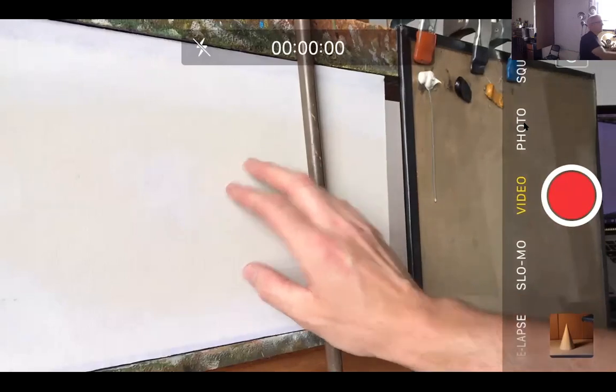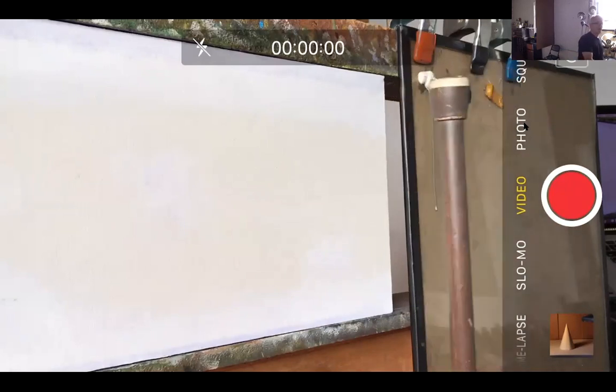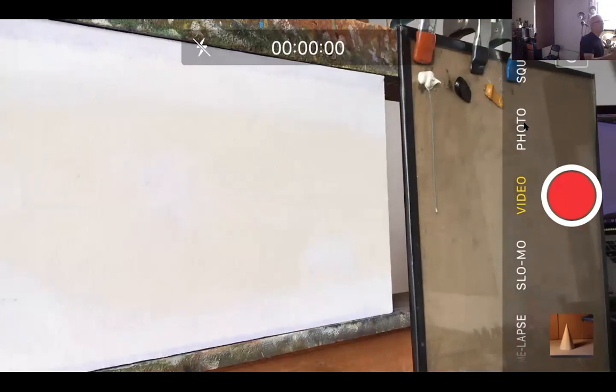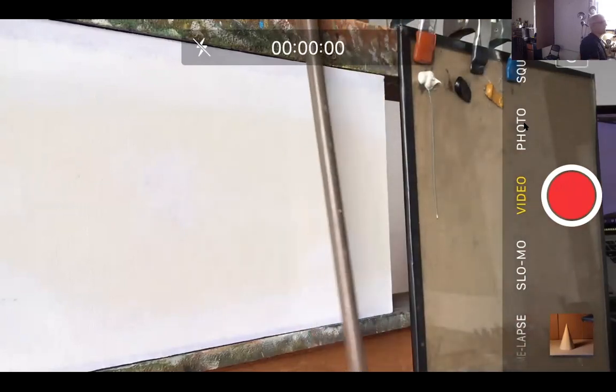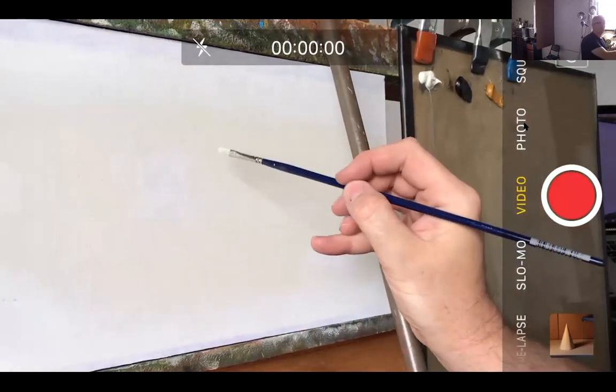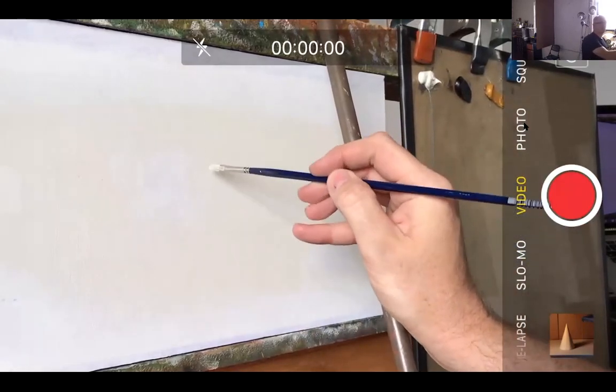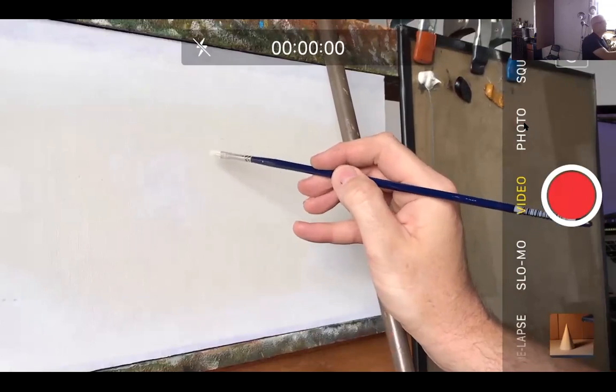So I'll be working on this canvas. I actually didn't ask people to buy something like this. This is called a mahl stick, M-A-H-L. It's a stick that artists can use to rest their hand against while they're working on the painting.